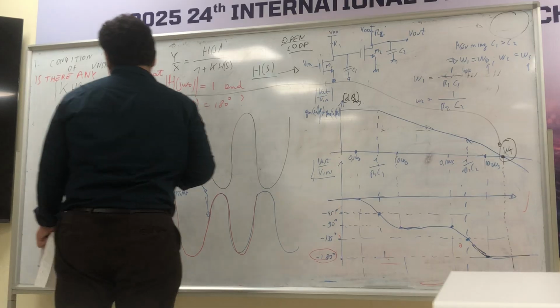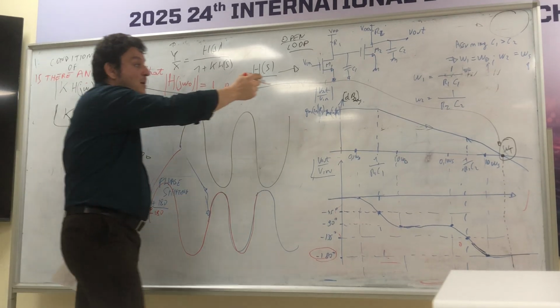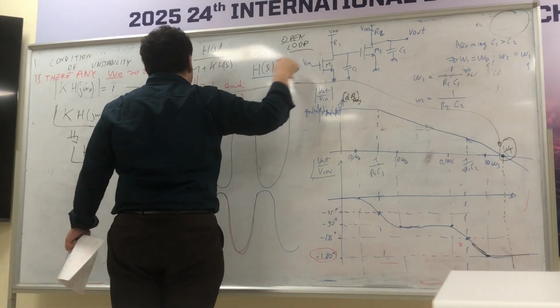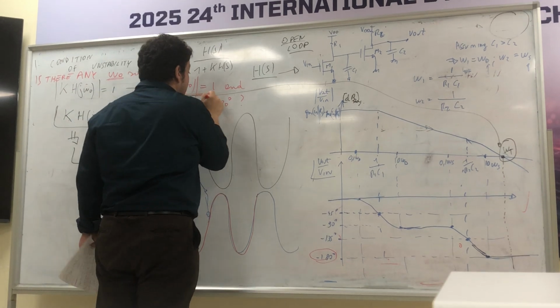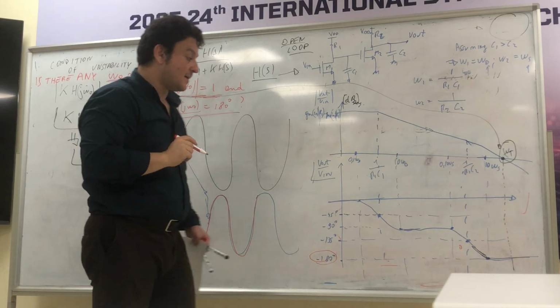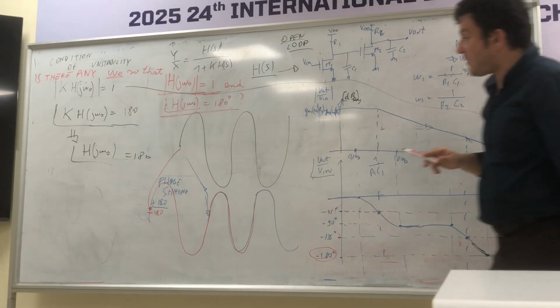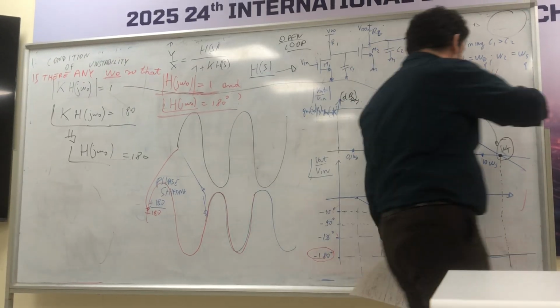Question. Is there any frequency for which my open loop system circuit has the gain unitary and the phase equal to 180? Actually, when the gain is unitary, at the crossing point.